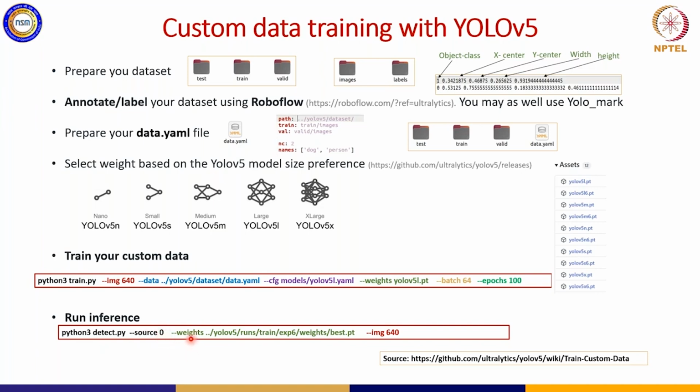Then the weight, it will not be the weight that is here again, because this one is the YOLO v5 weight. Now that you have trained your model, the weight will be saved in this path, and it will be saved as best.pt. So you specify that weight and the image size, and then you are good to go. All of that for custom images, you will be able to access with this link.